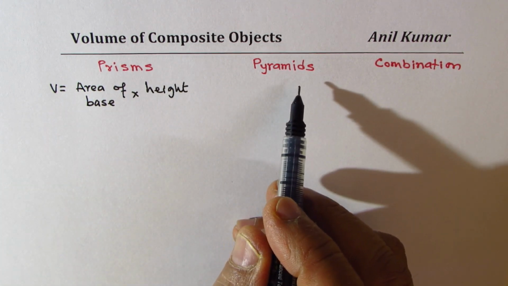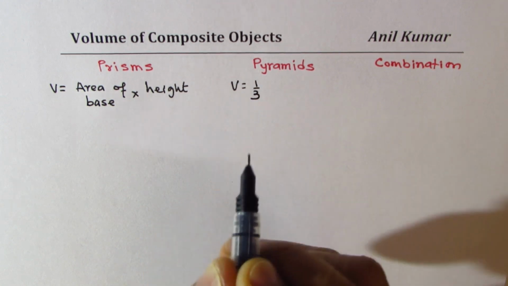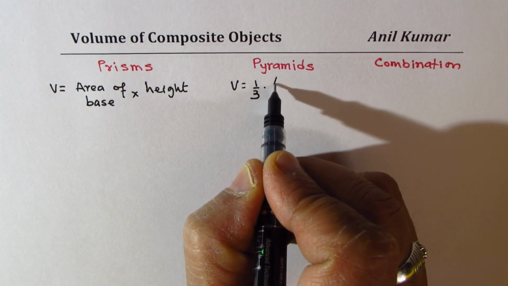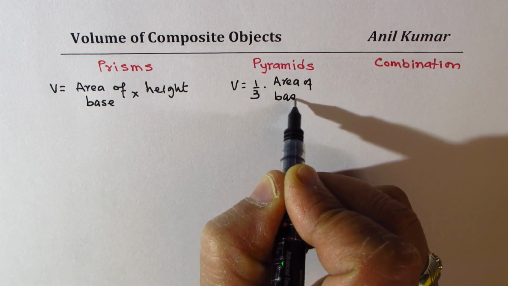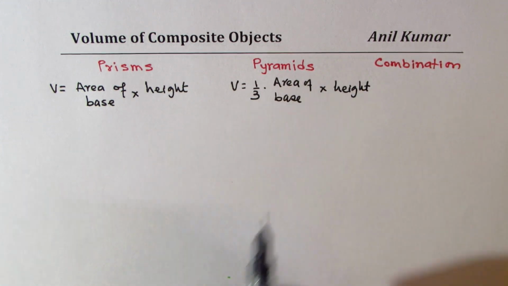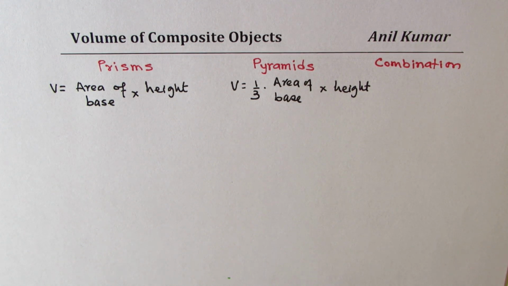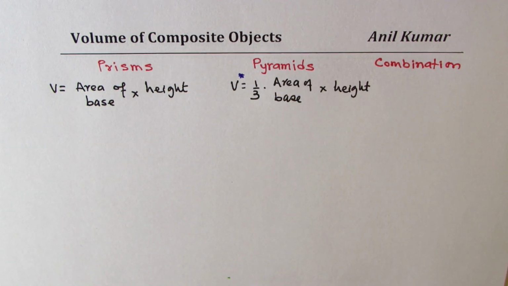For a pyramid, normally volume will be equal to 1/3 of area of base times height. Right, so in most of the cases. Let me put a star here. Okay, in general. Now let's take a few objects.